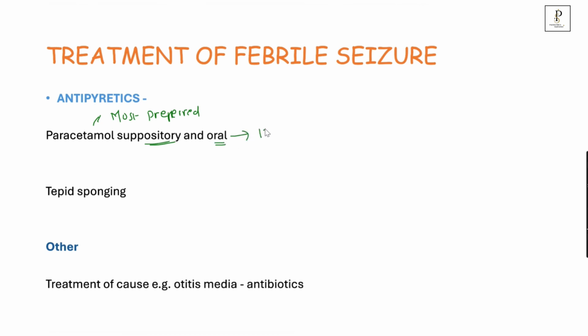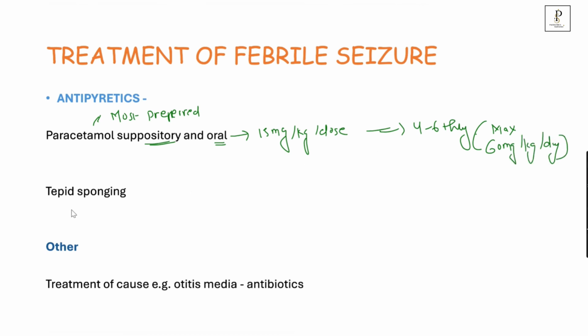The dose of both suppository and oral is the same, 15 mg per kg per dose. Then you make it 4 to 6 hourly, same dose. Maximum paracetamol is 60 mg per kg per day.